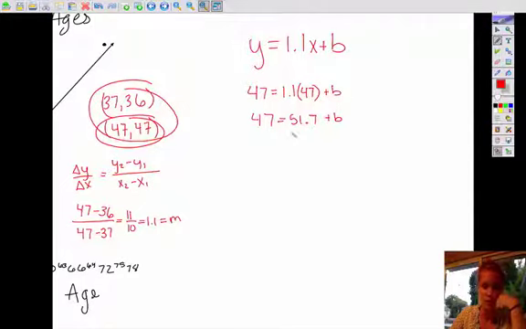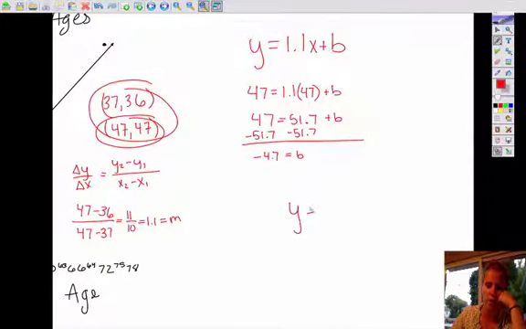Okay, and then if we subtract 51.7 from both sides, we're going to get negative 4.7 equals b. So that means our equation is y equals 1.1x plus a negative 4.7.